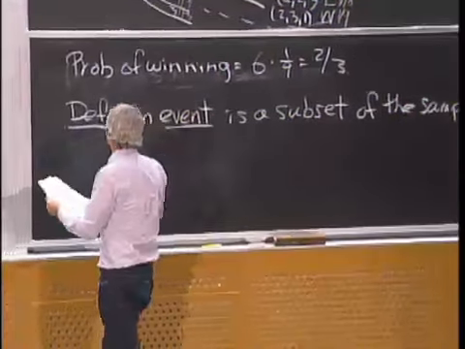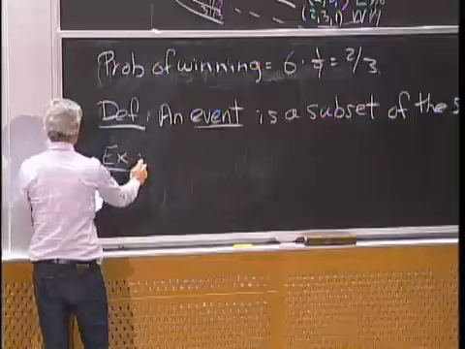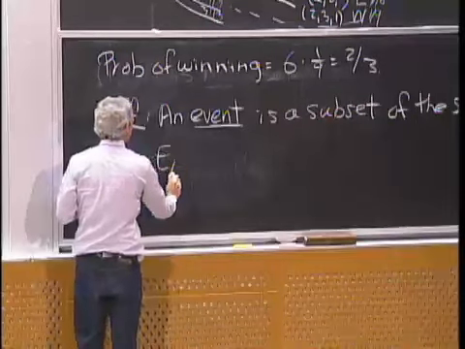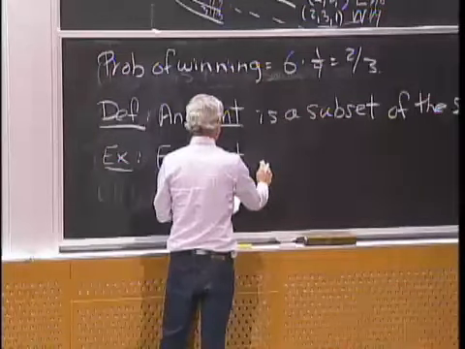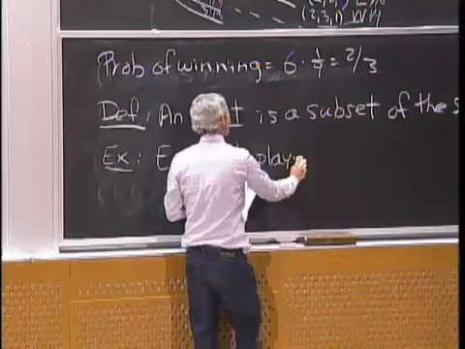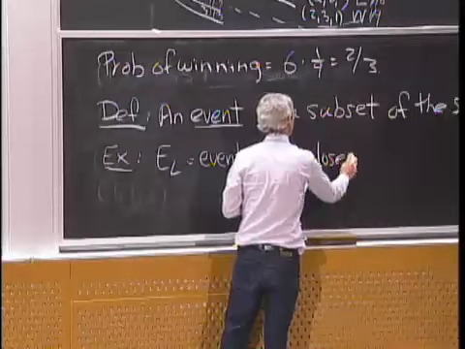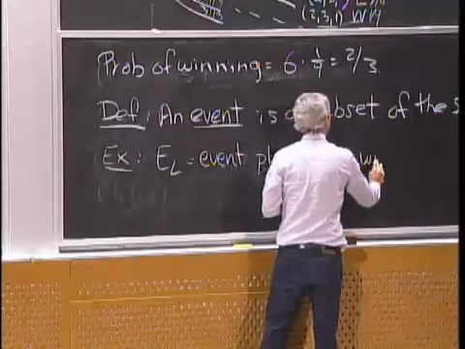For example, we could define the event of losing. Let's call it EL, for lose, to be the event that the player loses with the switch strategy.